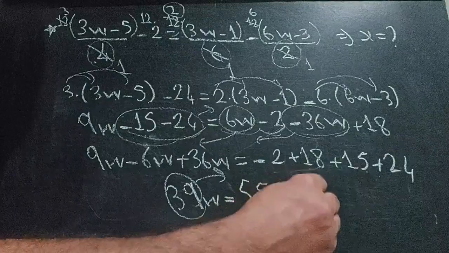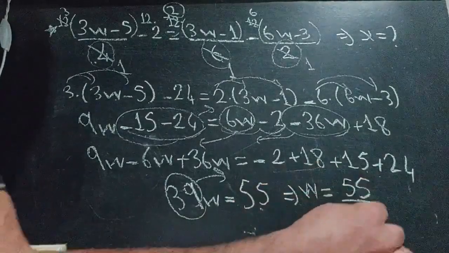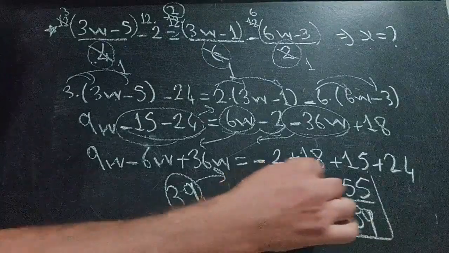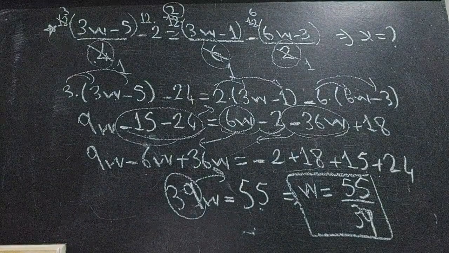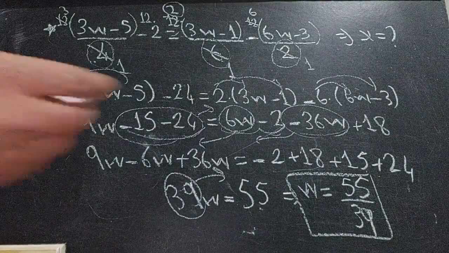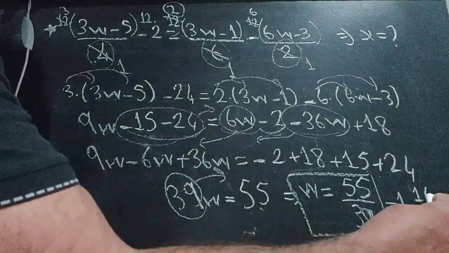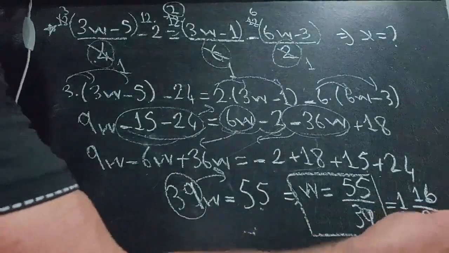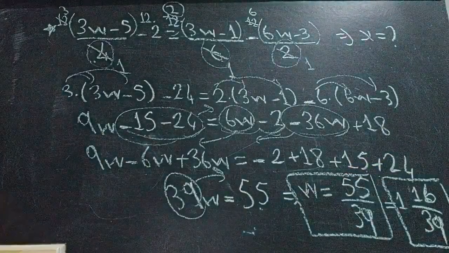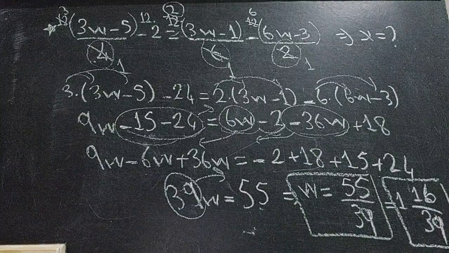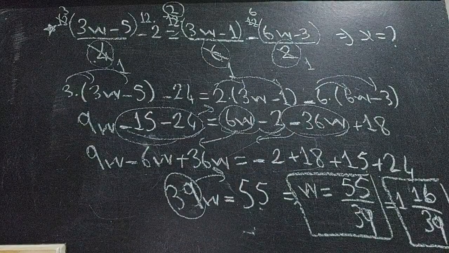So w is going to be 55 over 39. And this is an improper fraction. You should convert to mixed number, which is going to be 1 whole 16 over 39. That's going to be my final answer. 1 whole 16 over 39, which is 55 over 39.